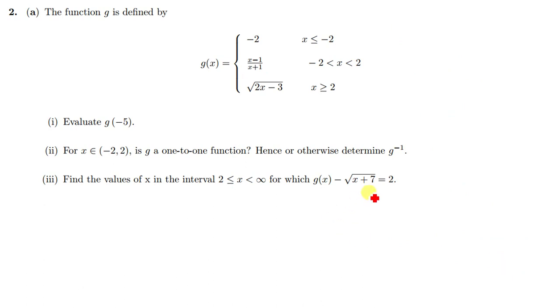The next question is saying find the values of x in the interval 2 to infinity, meaning what they're trying to talk about is this interval there. They're saying find the values of x in this interval for which g of x minus the root of x plus 7 is equal to 2. So in other words, while there's g of x, we are going to replace it with that function there.